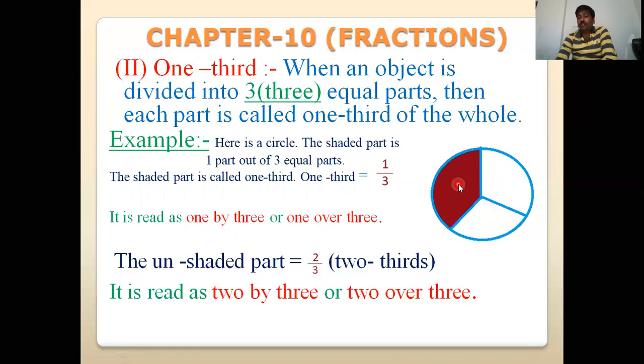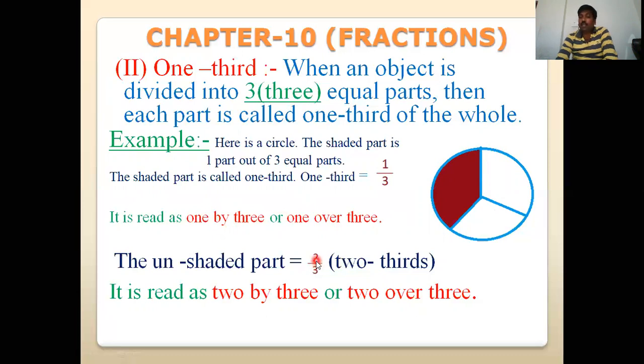If you want to write the shaded part, we write 1 by 3. 1 is the number of shaded parts, and 3 is the total number of parts the whole is divided into. It is read as 1 by 3 or 1 over 3. Now if you want to write the unshaded portion, how many unshaded parts are here? 1 and 2.